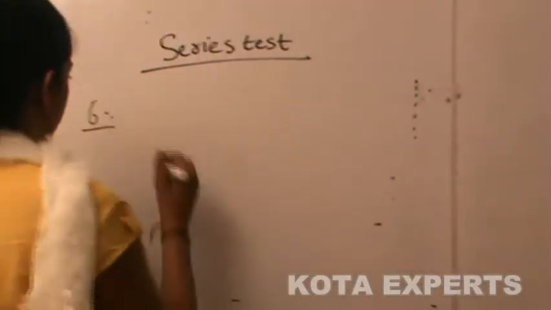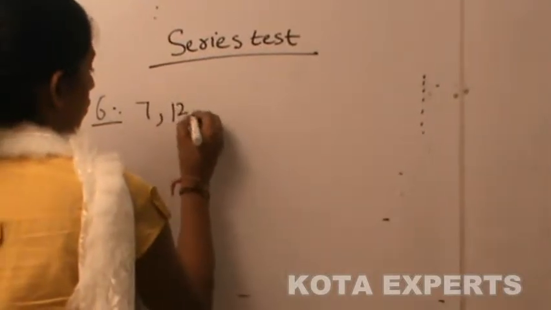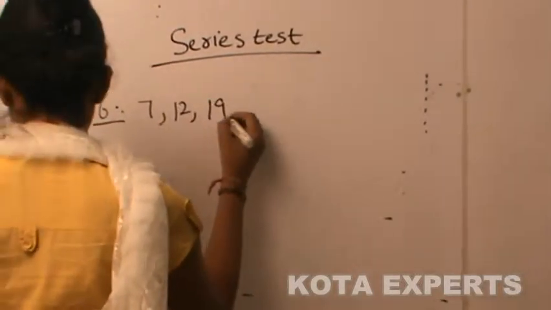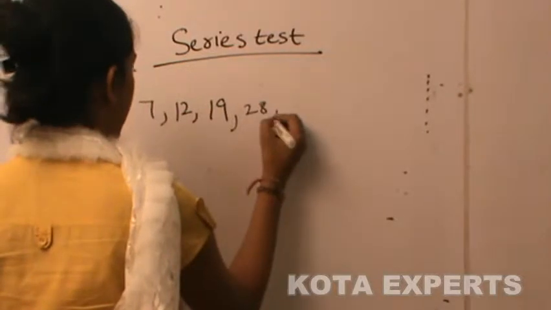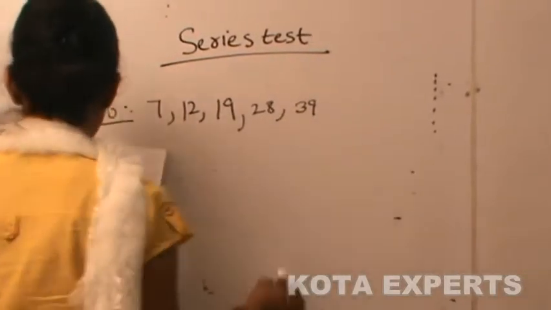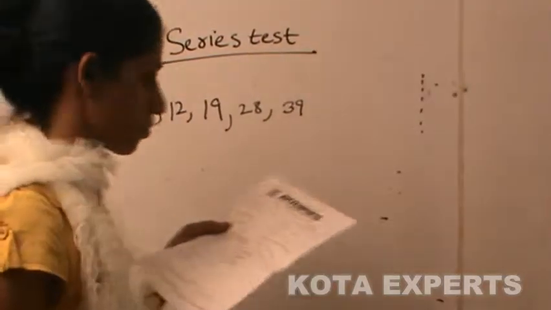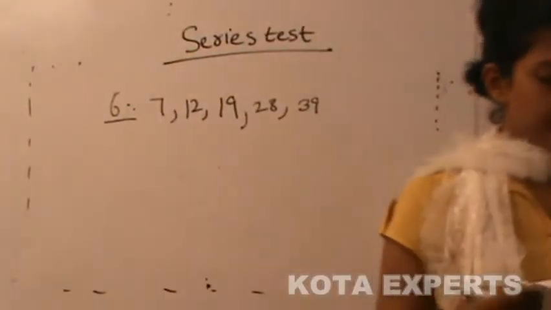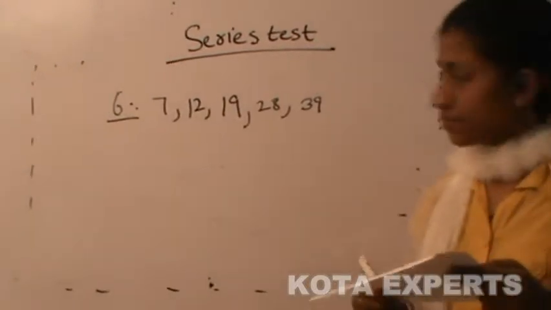7, 12, 19, 28, 39. Very easy question, right?